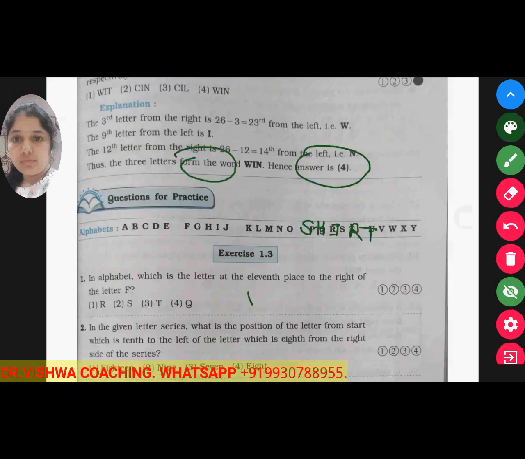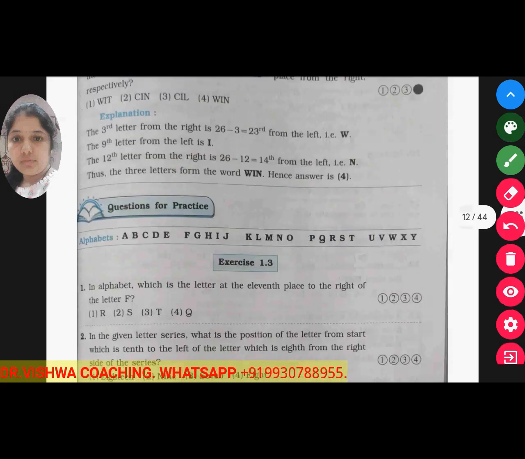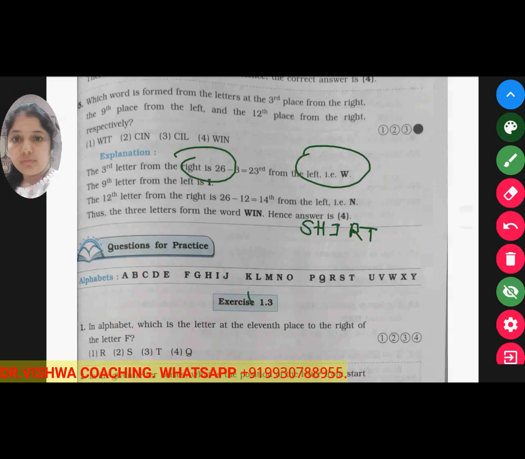You are interchanging the position of the second and fourth group. Now this group: S belongs to the position 5, then 6, 7, 8, 9. So the ninth position is the position of S. H position is 15 plus 3, so 18th position. I is at 19th position.